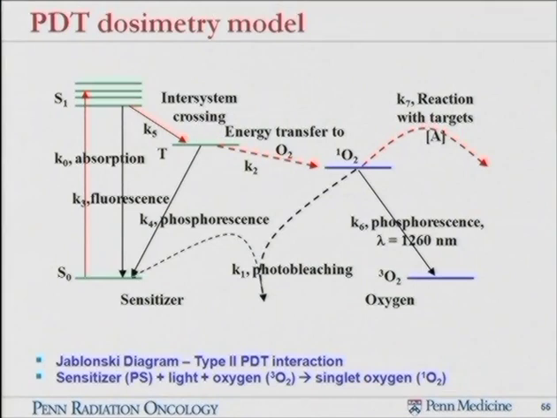This is the so-called Jablonski diagram that you have seen again and again in the previous lectures. You basically have a sensitizer excited into the excited state. Some of the sensitizer goes into the triplet state, and it will interact with the oxygen to generate singlet oxygen.